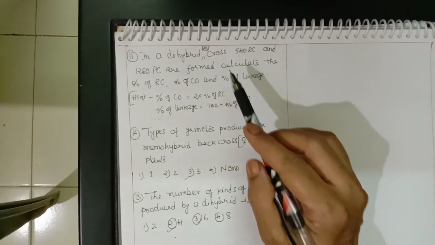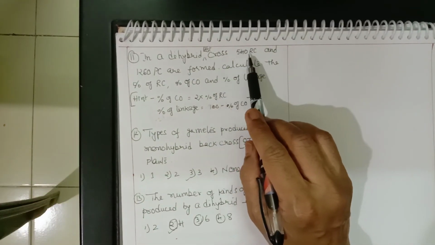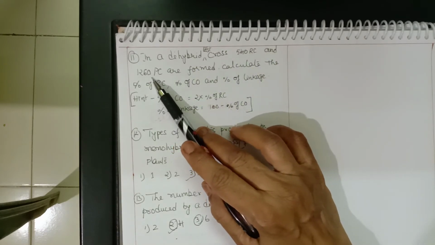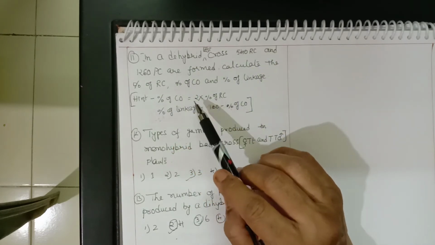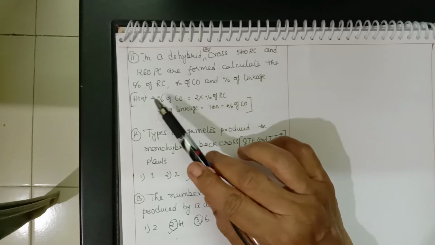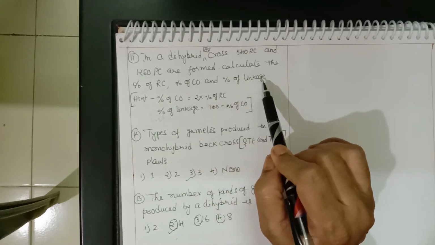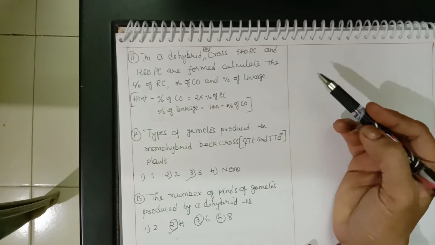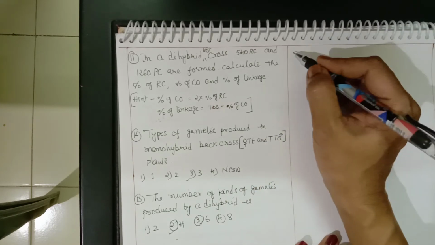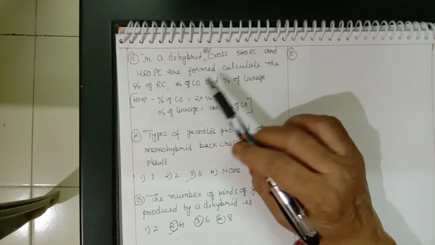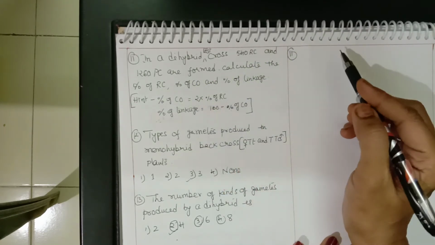In a dihybrid test cross, there are 540 recombinants and about 1260 parentals formed. Calculate the percent of recombination, percent of crossing over, and percent of linkage. The same way as we have just done in the previous one, I suppose now you can do it. 540 are recombinants and 1260 are parental combinations.